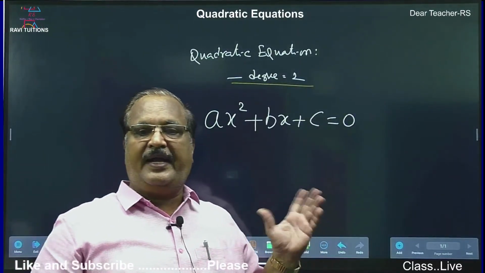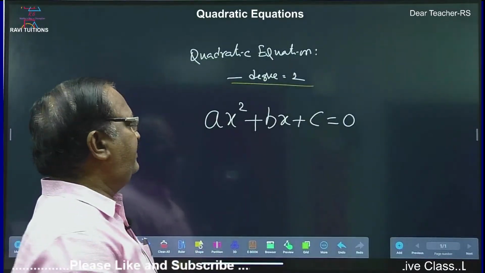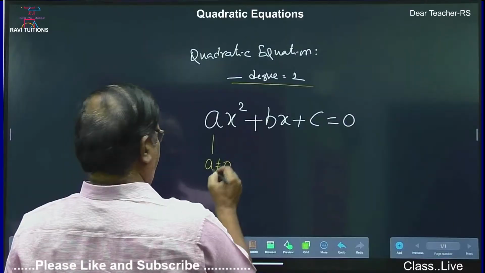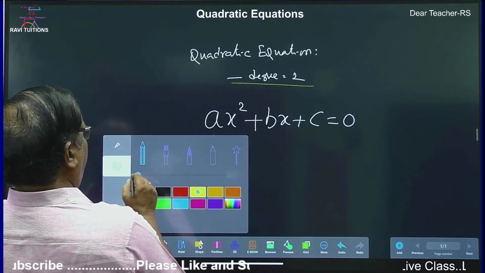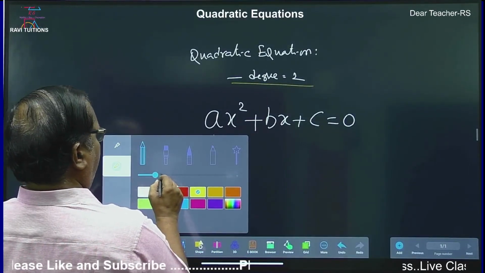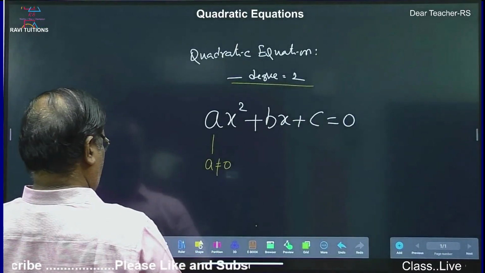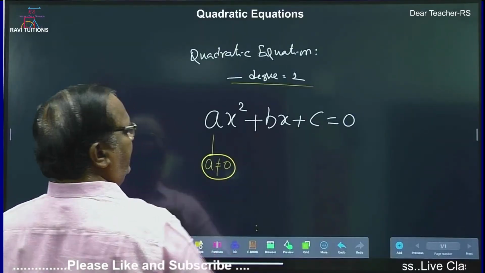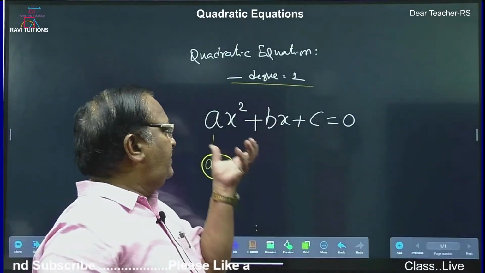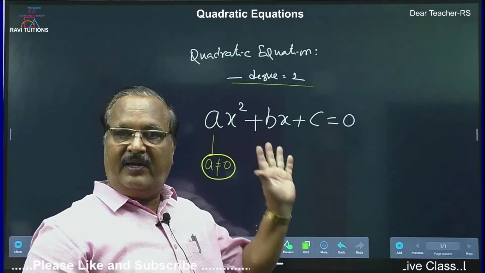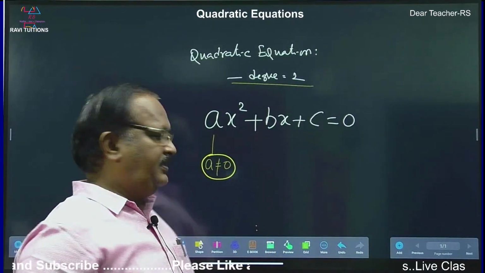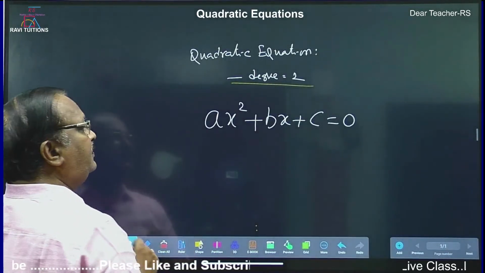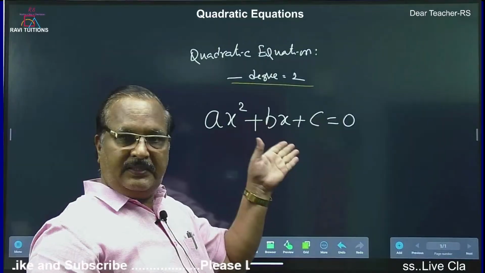This is the standard form of a quadratic equation, where a is not equal to 0. You have to remember this. If a is equal to 0, this term will get eliminated, then it will not be a quadratic equation. So that is why the basic condition is a is not equal to 0 to keep this as a quadratic equation.